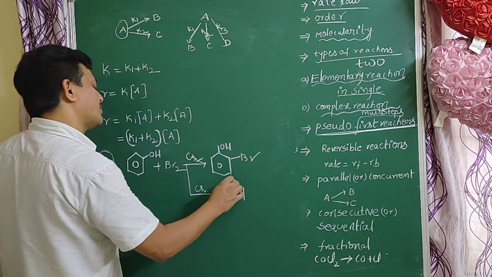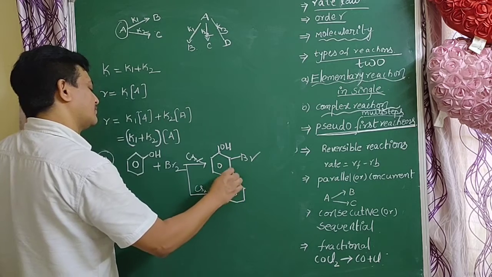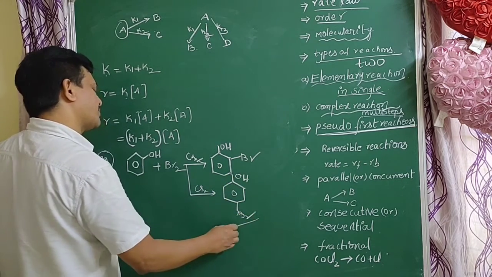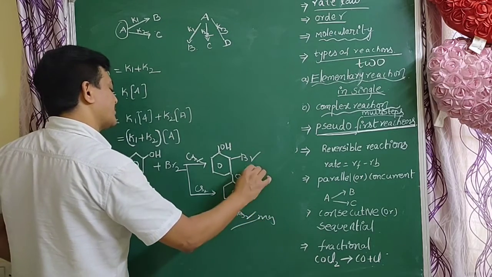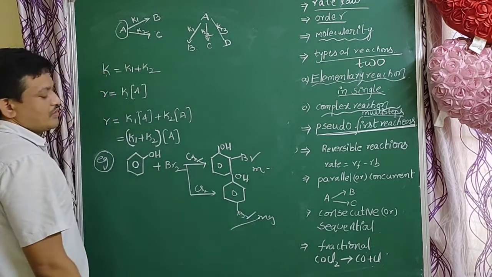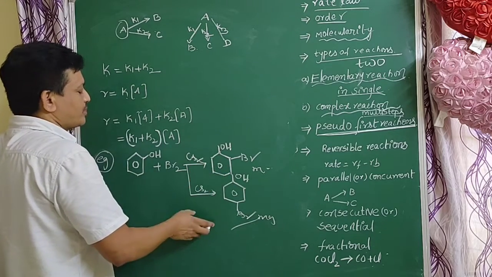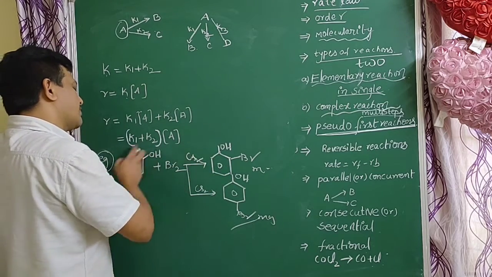Two products are formed. One is the major product, the other is the minor product. Here two products are formed, but the reactants are the same in both cases.